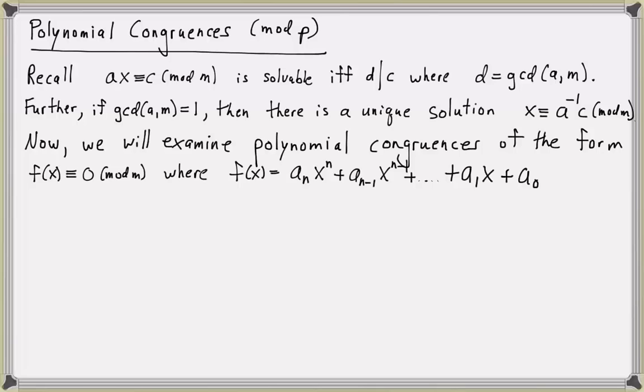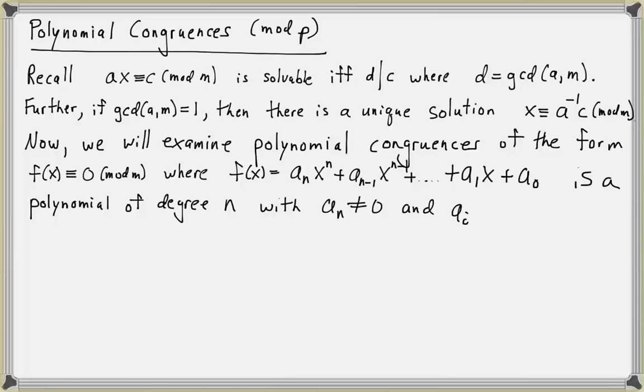So f of x is a polynomial of degree n, so in particular the leading coefficient an does not equal 0, and all of the a's are integers.